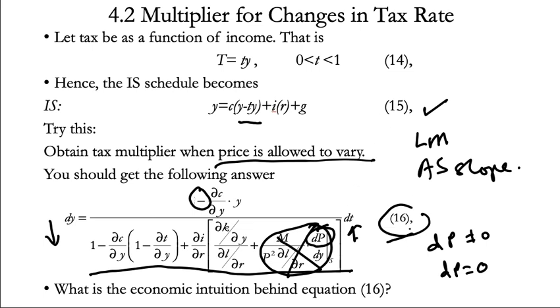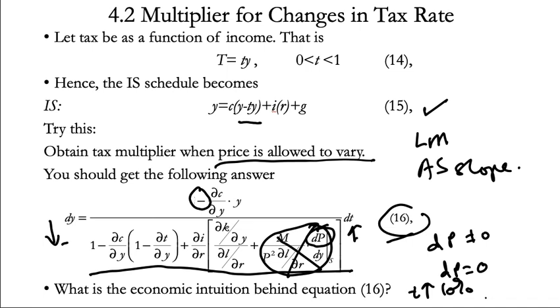Now, when we allow price to change, what's the impact of the change in price on fiscal policy when we use tax as the tool? Obviously, it gives smaller impacts on the change in income. So, let's say tax increases by 10% in terms of rate.